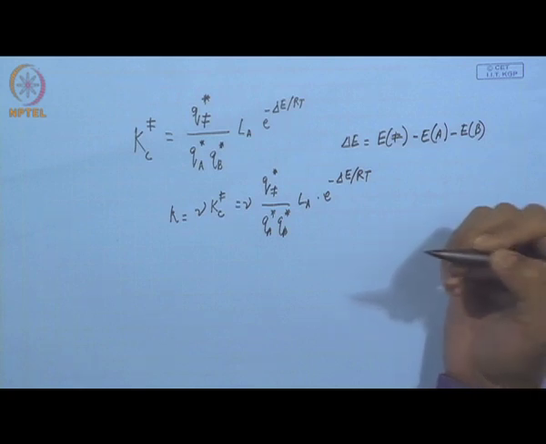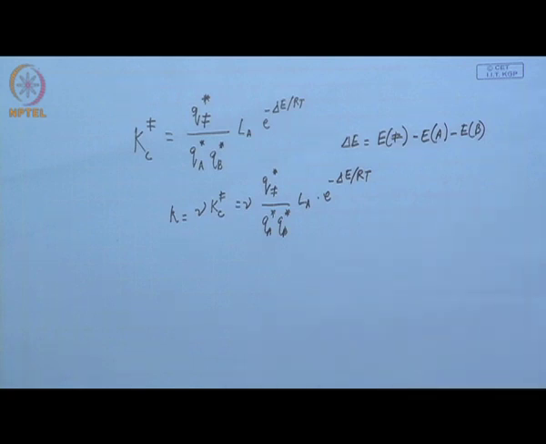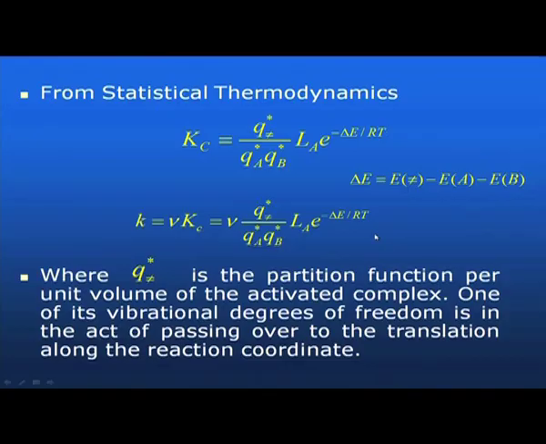Here this Q double dagger with star is the partition function per unit volume of the activated complex. Of course, one of its vibrational degrees of freedom is in the act of passing over to translation along the reaction coordinate.